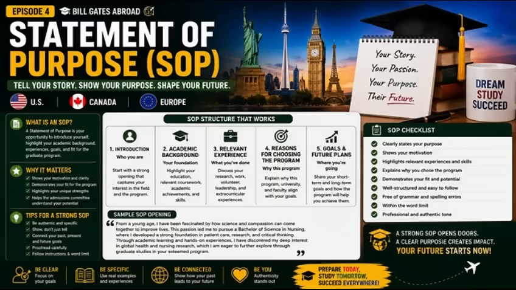Then the fourth, you talk about reasons for choosing that program or university, and how the faculty member you have named aligns with your goals. And the fifth one, you talk about your goals or future plans. What do you want to achieve in the short term or the long term? So this is basically what a statement of purpose talks about.